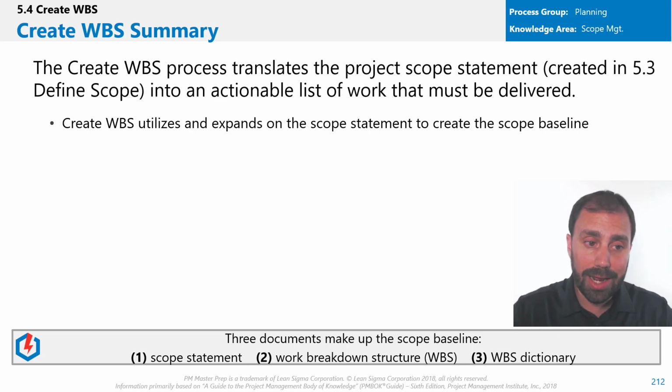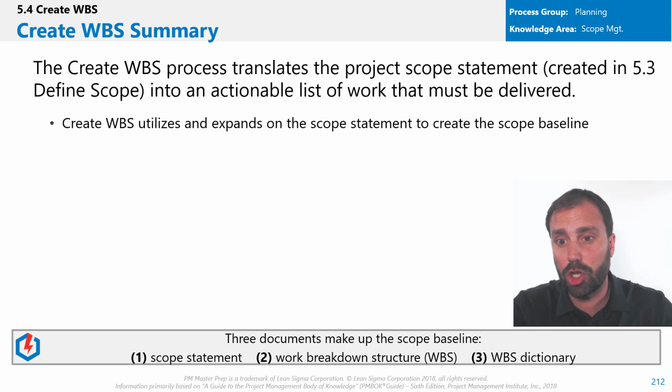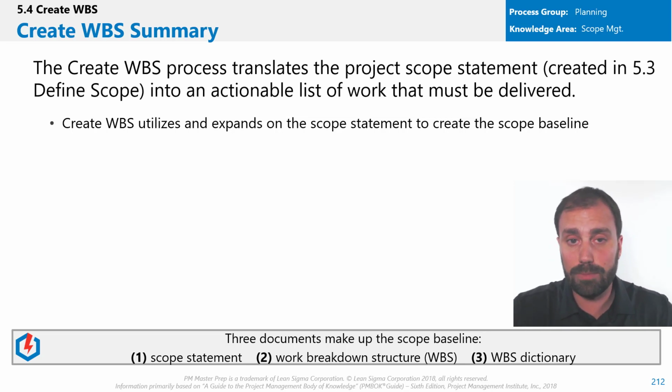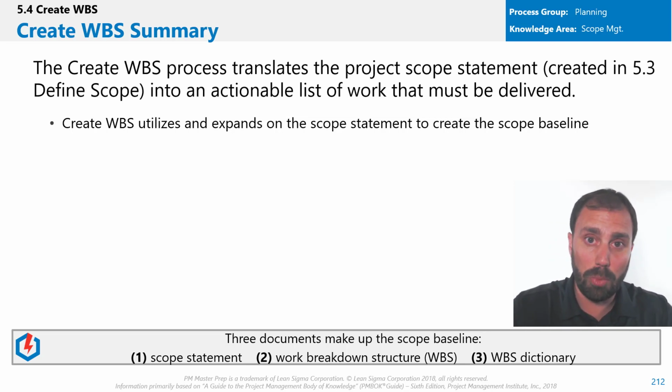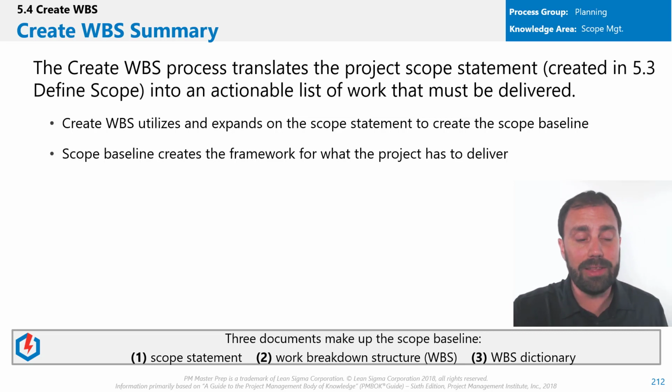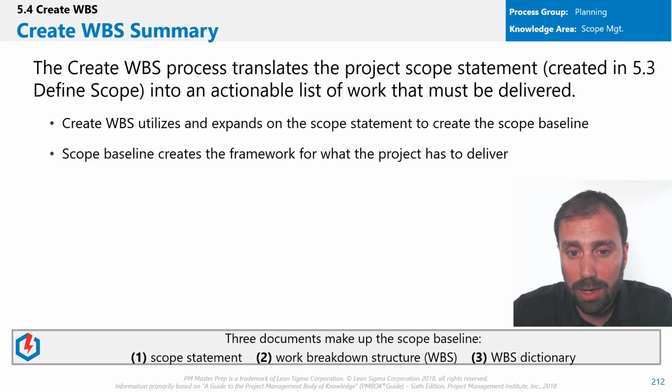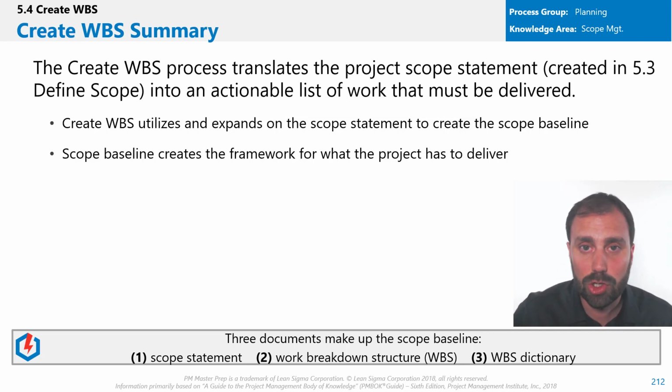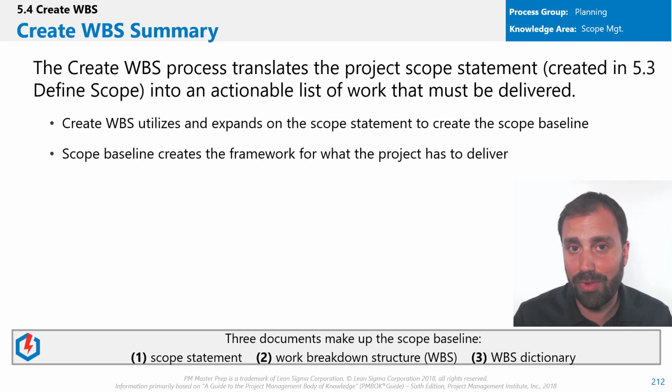So creating the work breakdown structure utilizes and expands on the scope statement that we created so that we can create the scope baseline. So we know that. And then the scope baseline, what it really does, it creates the framework for what the project has to deliver. So this is an integral process. This is a very, very important process. And we have methodically gone through 5.2, 5.3, 5.4.